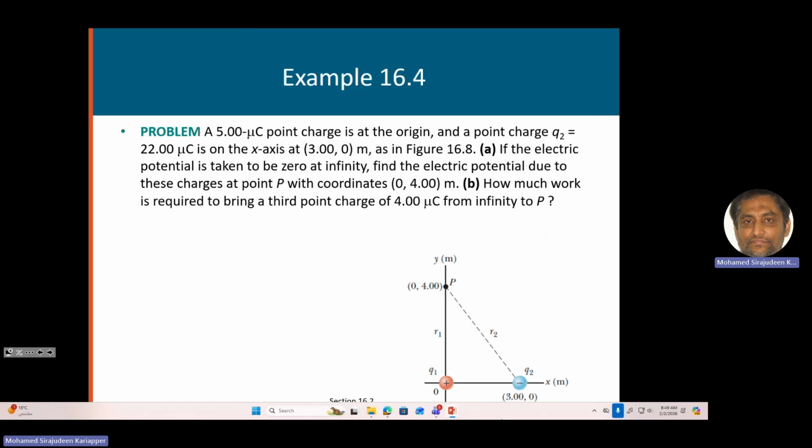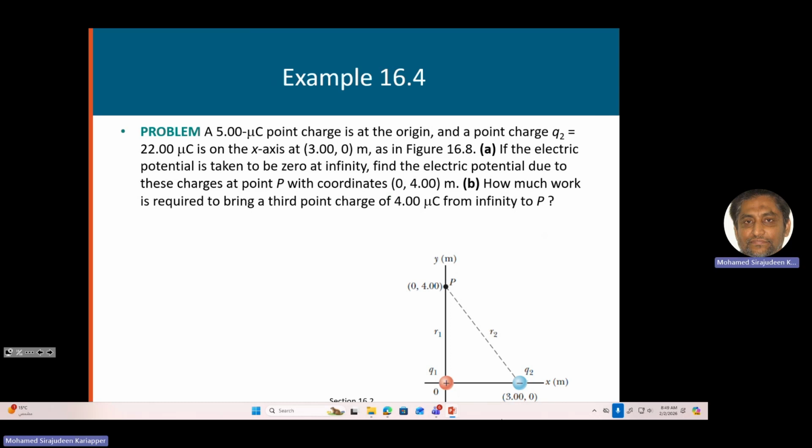Unlike chapter 15, where we deal with electric field and electric force, which are vectors with directions, energy is not a vector. So it becomes a little bit simpler to do questions because we don't have to take components and so on. It's simple algebra. So what we have here are two charges, Q1 and Q2.